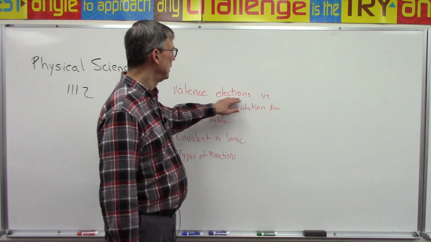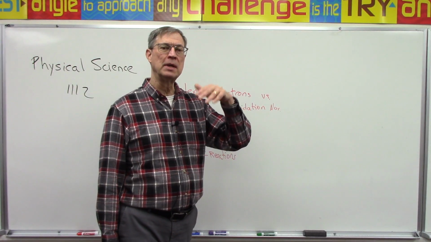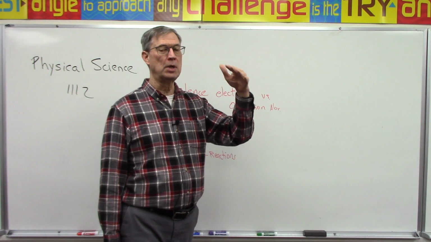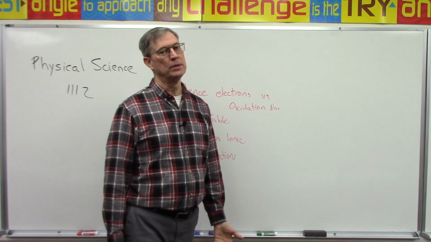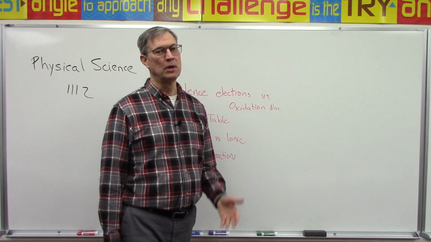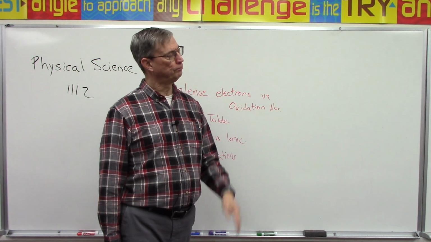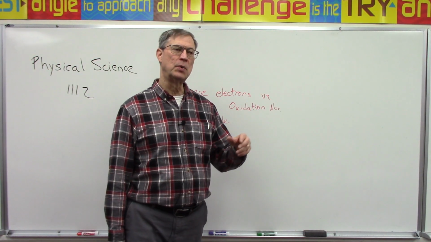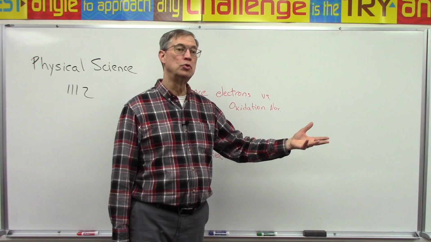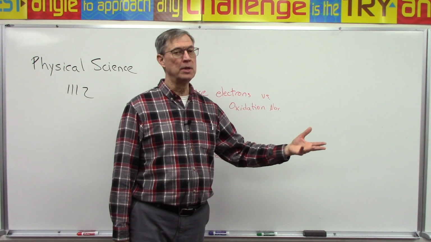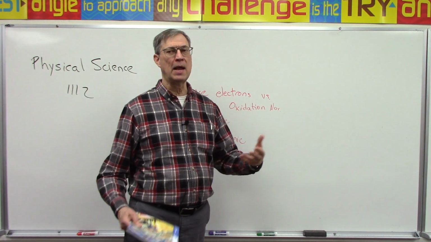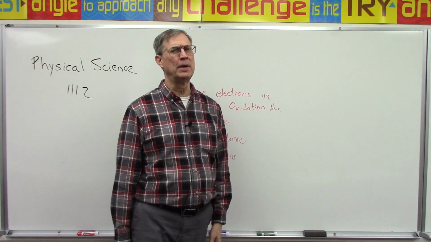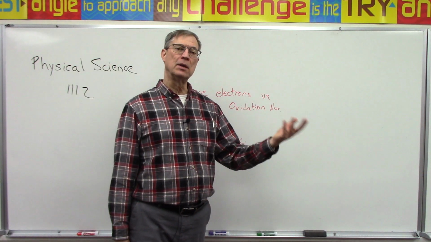The valence electrons basically just means how many electrons are in the outer shell of that element, okay? And we can tell that by looking at the periodic table. The oxidation number indicates whether that element tends to gain electrons when it is in a reaction with another element to form a compound. Is it gaining electrons?